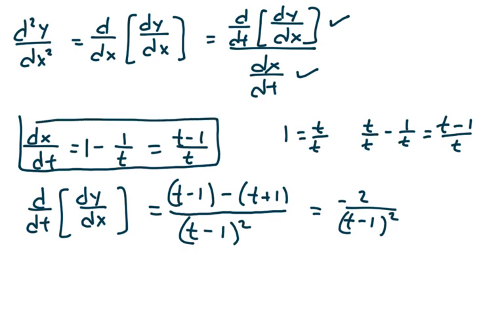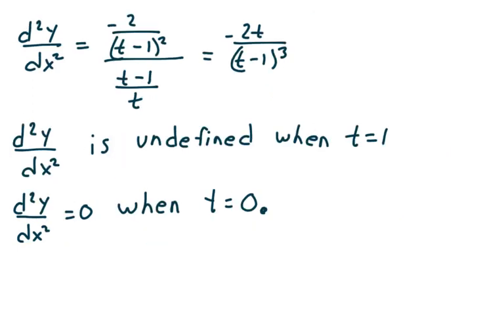Now, the derivative of dy/dx with respect to t by the quotient rule is t minus 1 minus the quantity t plus 1, divided by t minus 1 raised to the second. And when I simplify that, I end up with negative 2 over t minus 1 raised to the second. So the second derivative of y with respect to x ends up being negative 2t divided by t minus 1 raised to the third.